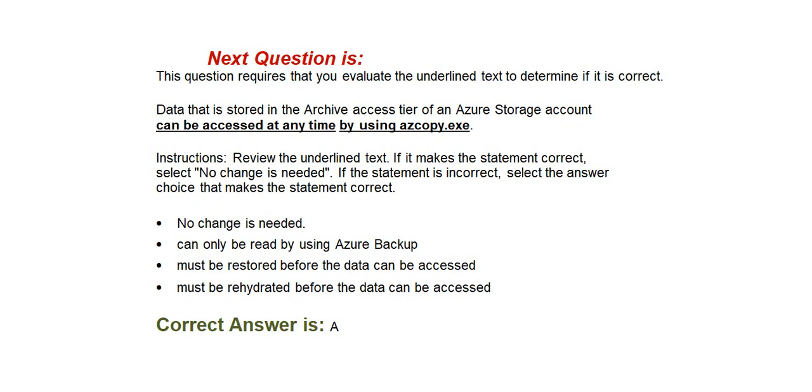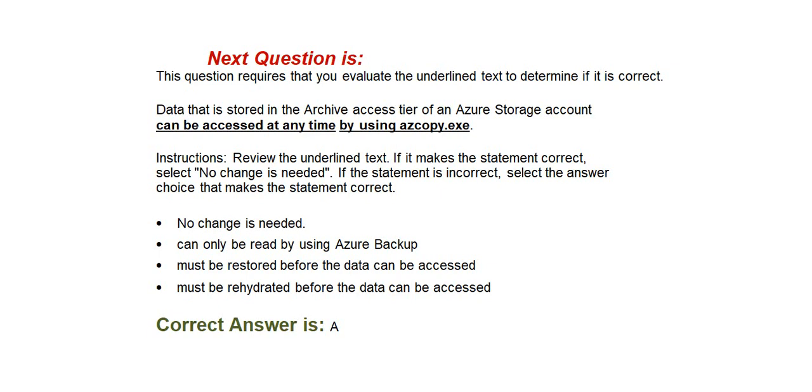Next question is, this question requires that you evaluate the underlined text to determine if it is correct. Data that is stored in the archive access tier of an Azure storage account can be accessed at any time by using azcopy.exe. Instructions: review the underlined text. If it makes the statement correct, select no change is needed.